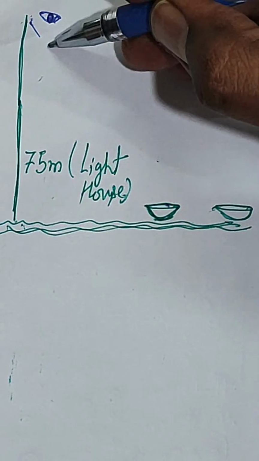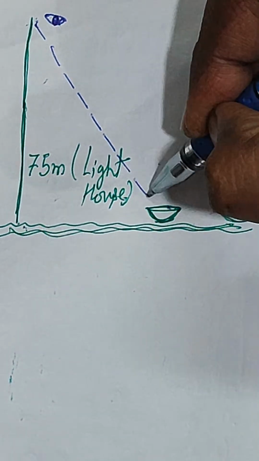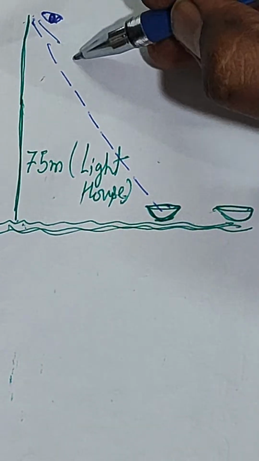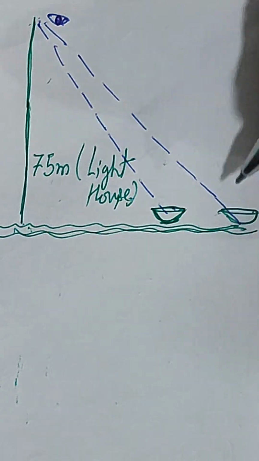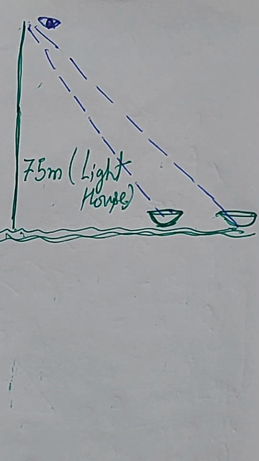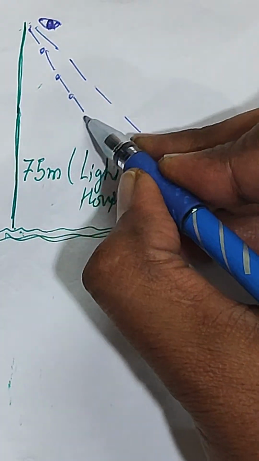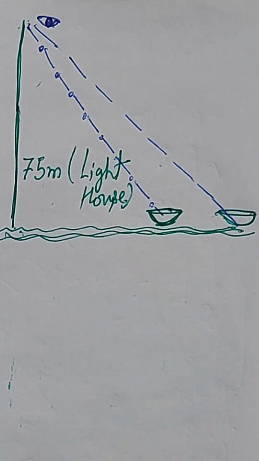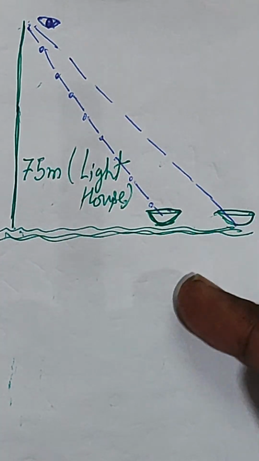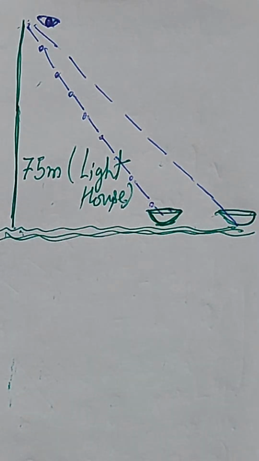Then the line of sight will be straight, because light travels in a straight line, right? So this is the depression. From here, the two angles of depression are 30 degree and 45 degree.